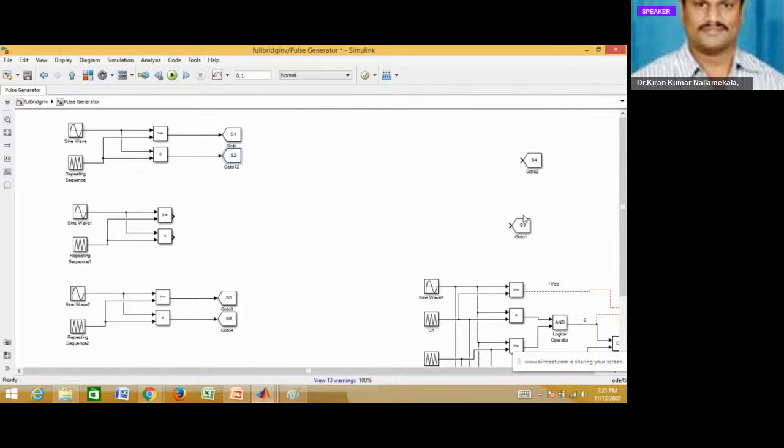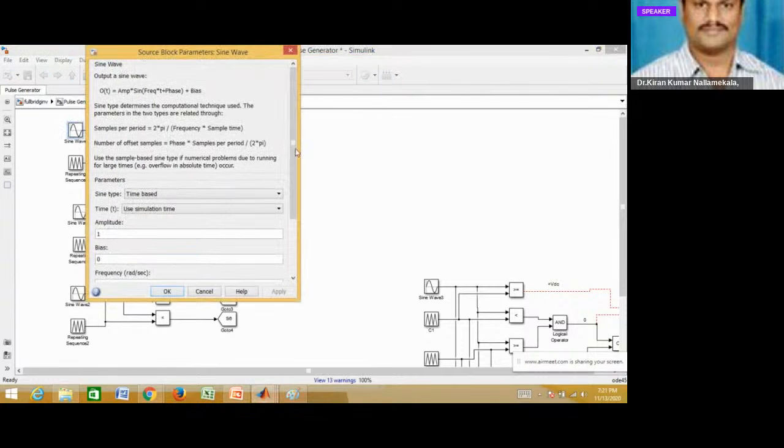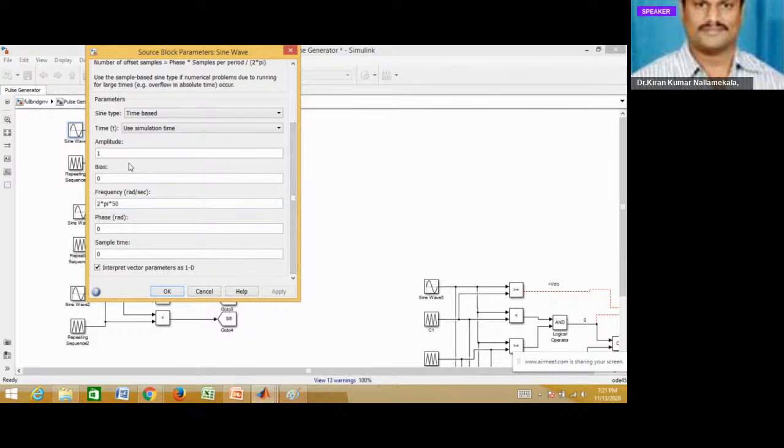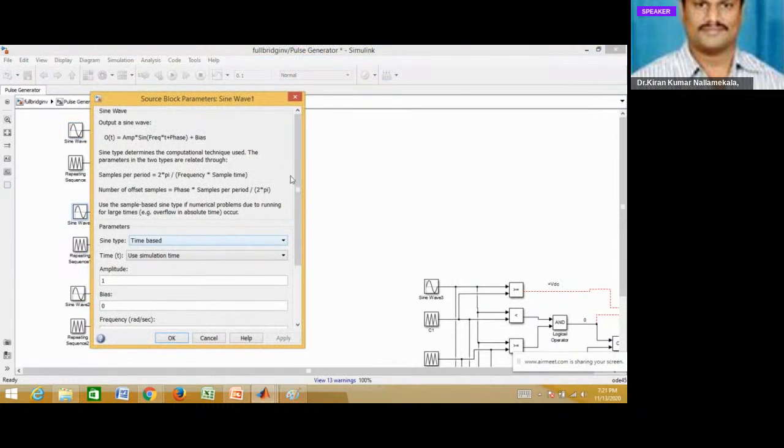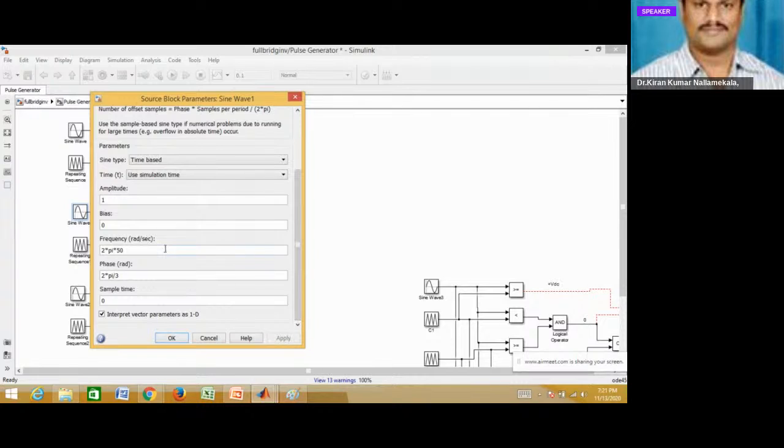Similarly, I'll take one more sine wave and triangular wave to this. Okay, and here what I'll do is I'll take the magnitude to 1 and frequency 2 pi f, phase is 0. Here what I'll do is I'll take amplitude 1 only, frequency 2 pi f only, 50 only, but the phase angle displacement I'll take it as pi.